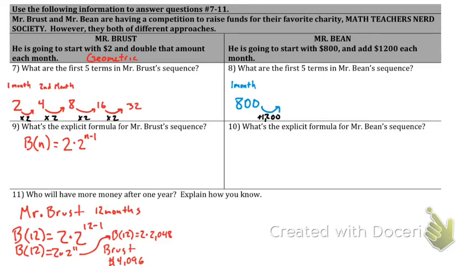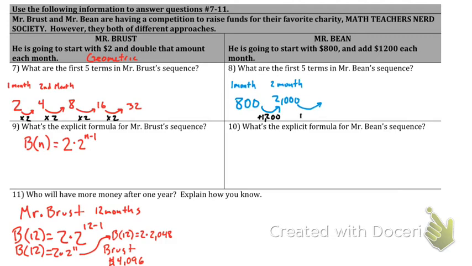Okay, so let's figure out what that is. Okay, so that means we are going to have on month number 2, 2,000. So the second month we have 2,000, and we're going to continue this, and we want the first 5. So 1, 2, and then the first 5. So let's figure out the first 5 months.